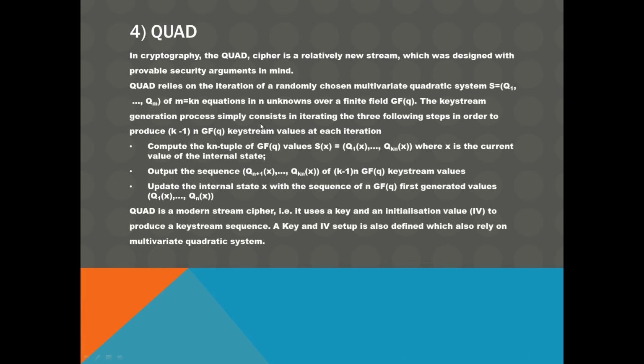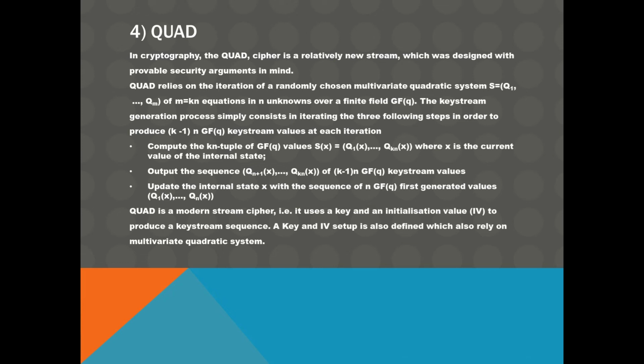and in the generation process you have to create or generate the cipher keys or the cipher text based on the randomly generated or iterated number of variables which we have in the quadratic system.